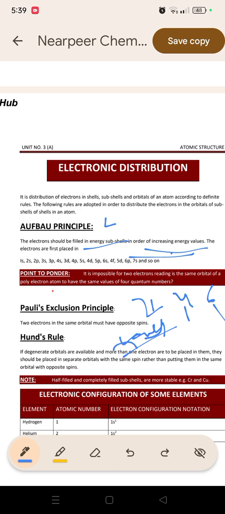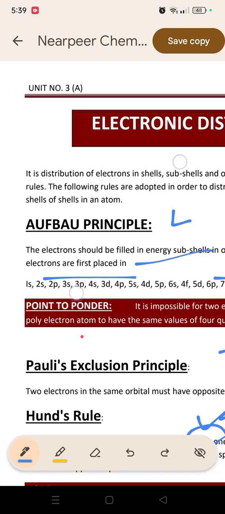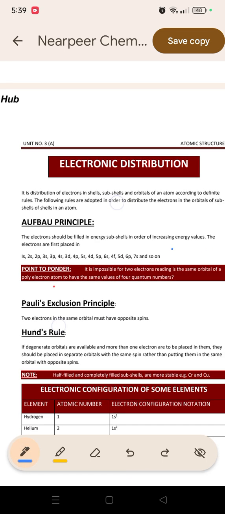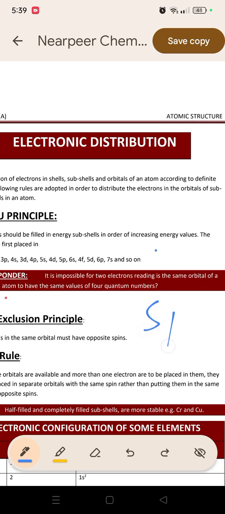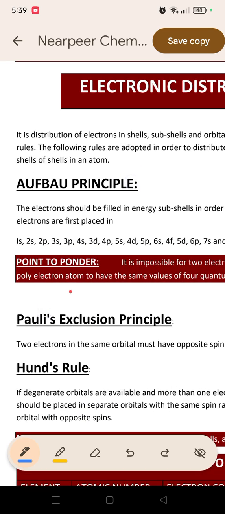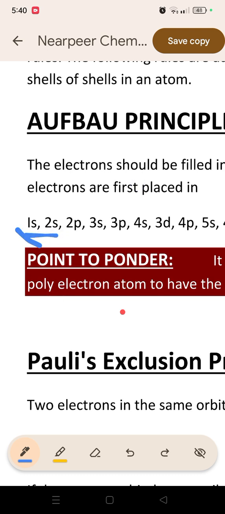The electrons are first placed in the order of configuration. I'm just making you understand this one: 1s, 2s, 2p, 3s, 3p, 4s. We have orbitals, as we discussed last year, as s, p, d and f. First would be s, and in 1s, 2s we have only s. Then 1s is taken, then 2s, 2p.